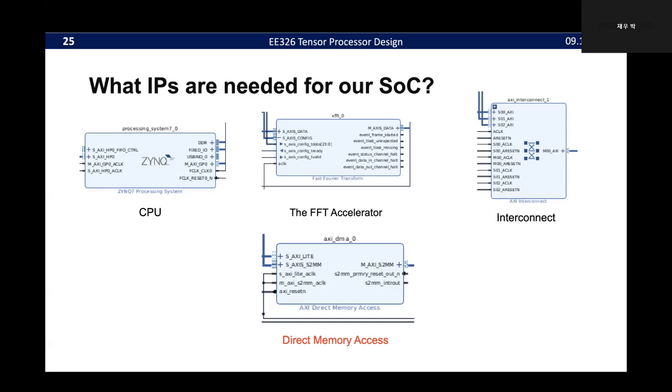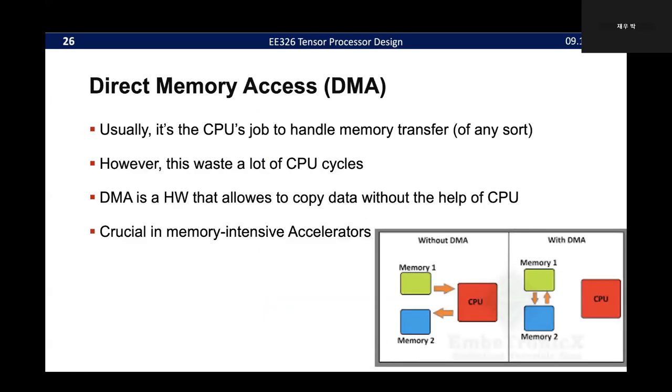Okay, so basically, it's usually the CPU's job to read data from the DRAM and copy that to another location, right? But copying data from the DRAM to another place takes a really long amount of time, and we don't want to waste CPU cycles doing that. So one workaround is that instead of asking the CPU to copy memory, we can add another hardware block that has the functionality to read and write memory from the DRAM.